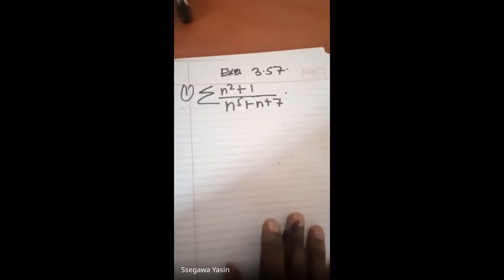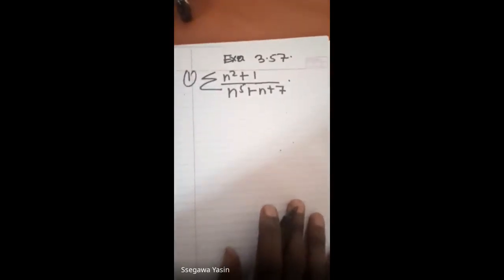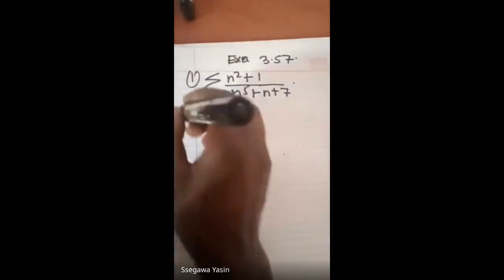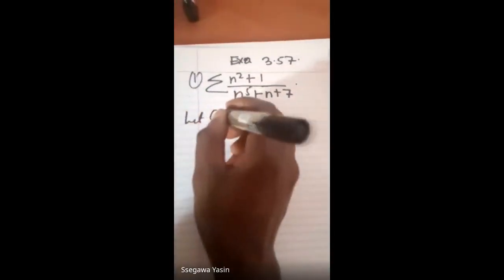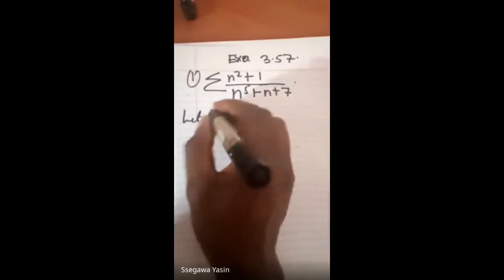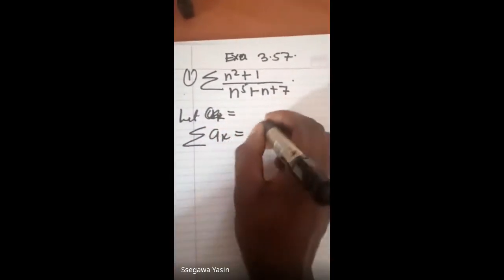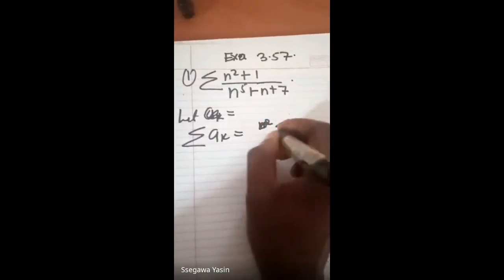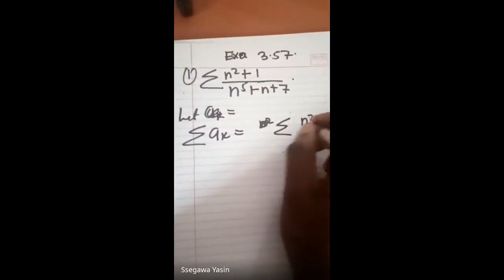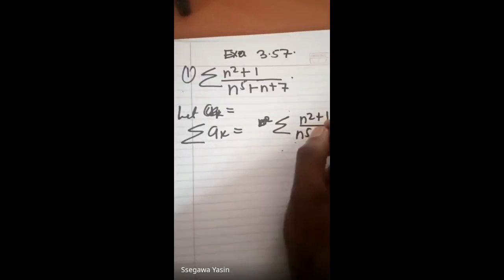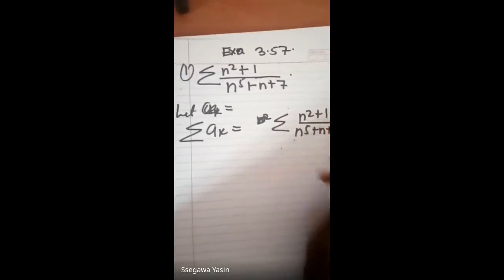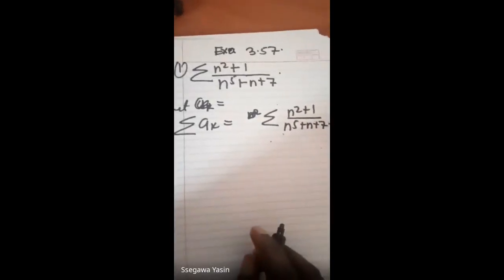So let our series AK equal the sum of n square plus 1 over n to 5 plus n plus 7. This is what we have.